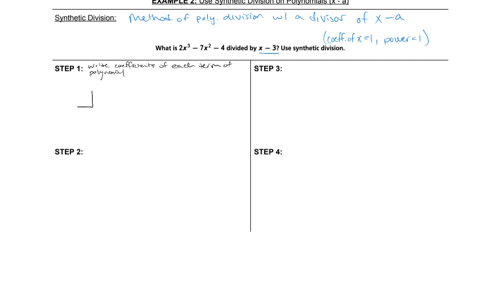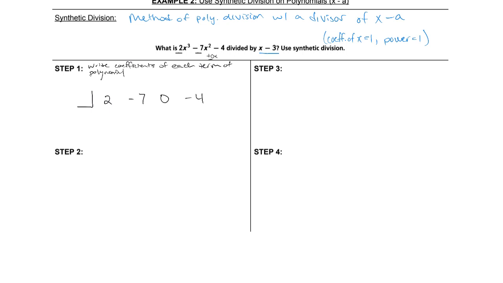So the polynomial we're dividing, we have a 2, we have a 7, we also have a plus 0x, and then we have a minus 4. Okay, and we're going to write this to the right of our backwards L. So I'm going to write a 2, negative 7, a 0 and a negative 4.